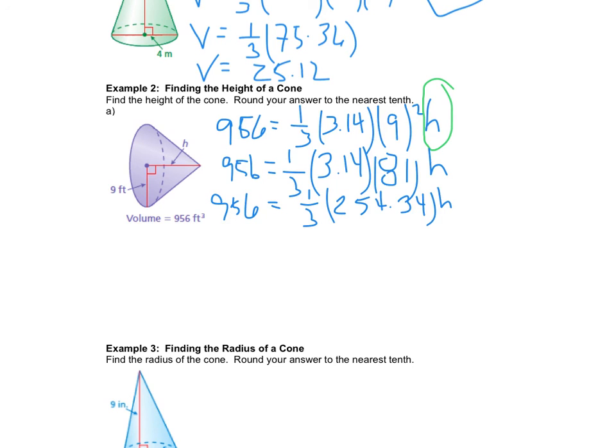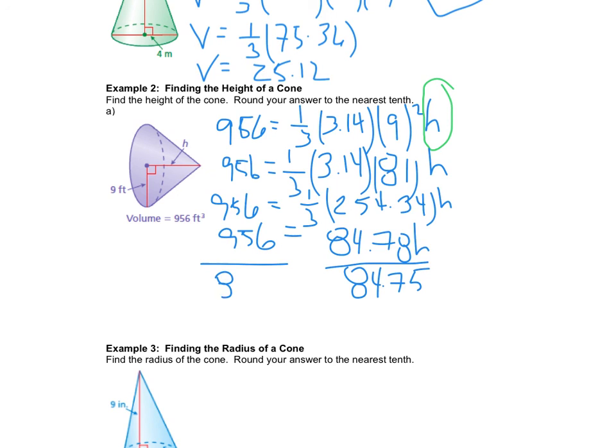Now, times 1/3 really means divide by 3. That's going to give me 84.78 h. Now we know that at this point we have multiplication on the right, and we can undo multiplication with division, and that will cancel.